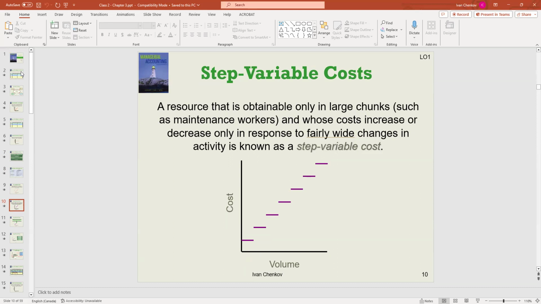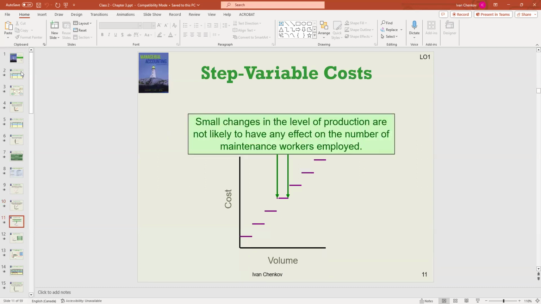It's going to step to the next level, and the next level, and the next level. It means a small level of production will not likely have any effect on the number of those maintenance workers.